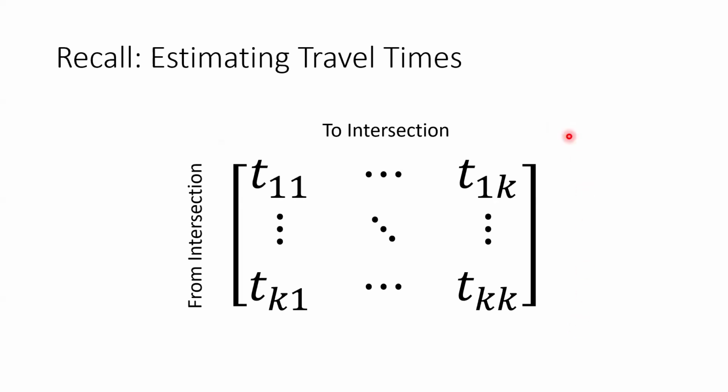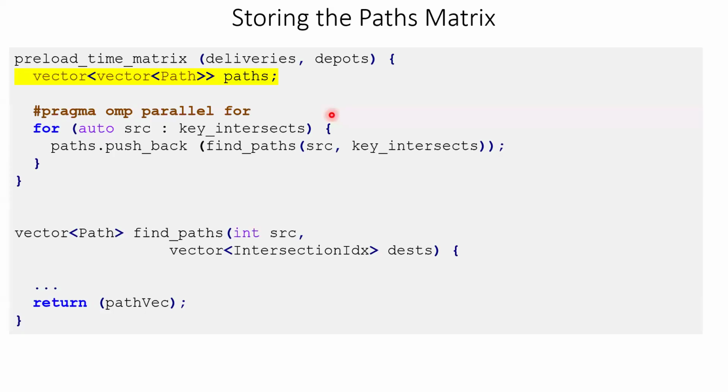Okay. So recall, to estimate the travel times, you will need to save everything into something like a matrix of all of the from intersections and the to intersections. So if we want to store the results that we get, we have to write everything into a paths matrix, a vector of vector, which is a matrix, and pushing back.